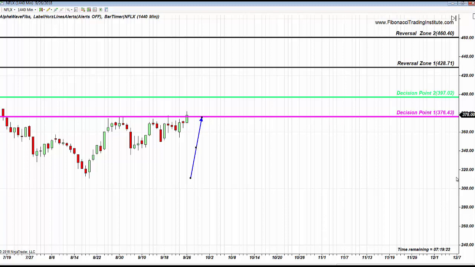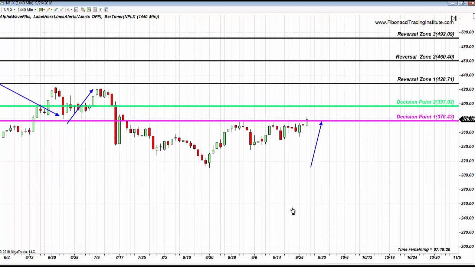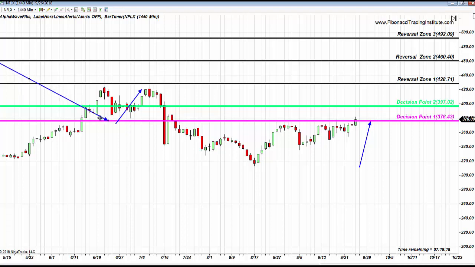Choice is yours. Why in the world did Netflix collapse from the reversal zone when earnings are so spectacular? Significantly, $100. Because Fibonacci said so. No other reason whatsoever.